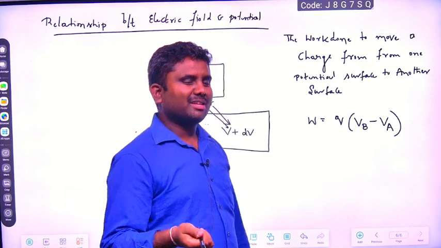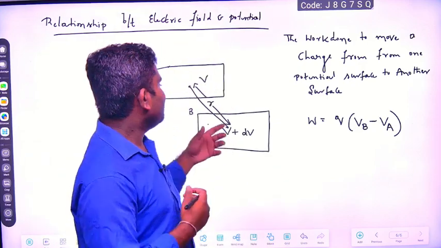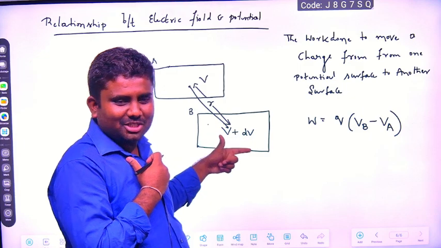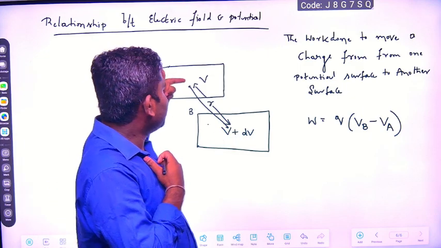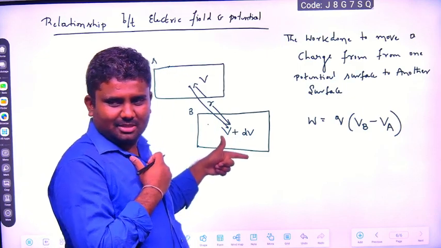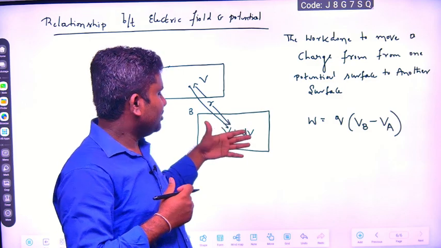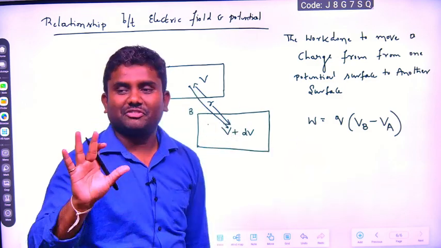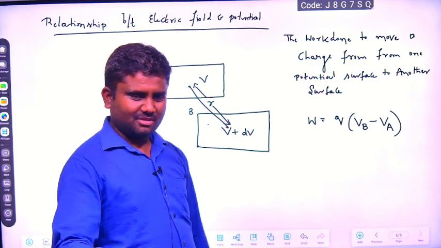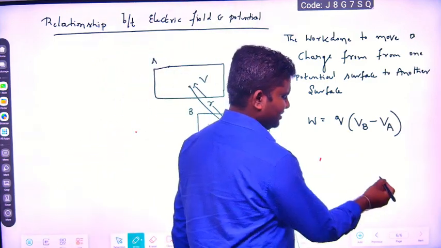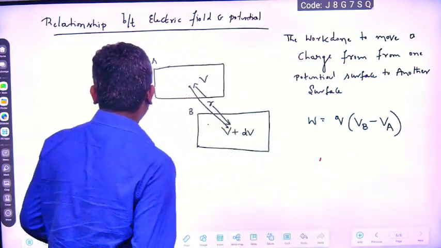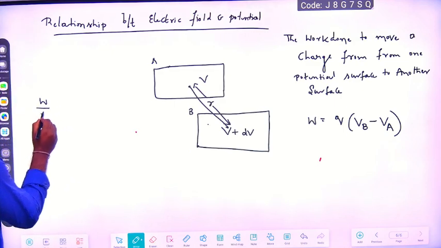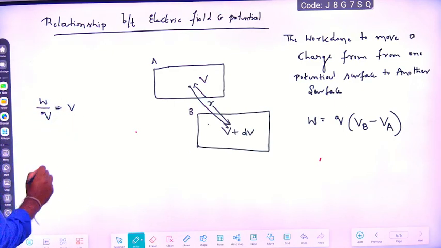Sir, VB minus VA or VA minus VB? We are bringing a charge from lower potential to higher potential, from this plate to this plate, and the higher potential is VB. This difference is the potential difference. How many times I said the relation between charge and work done per unit charge is potential.